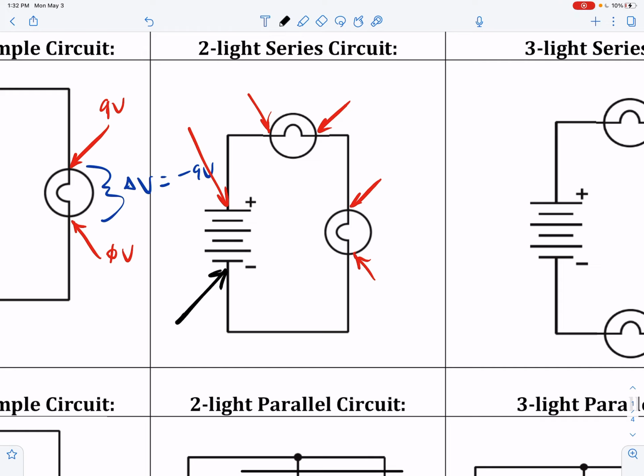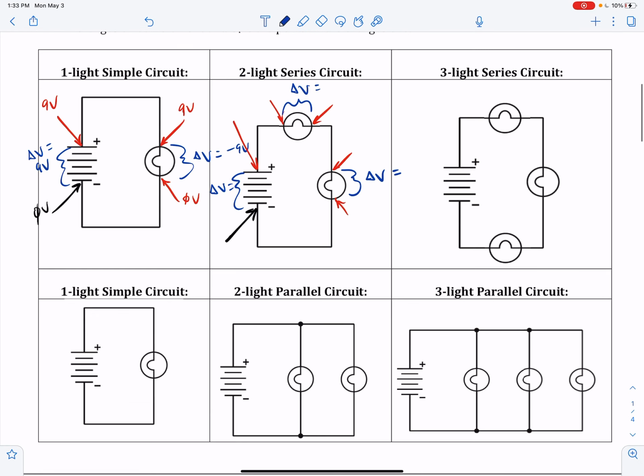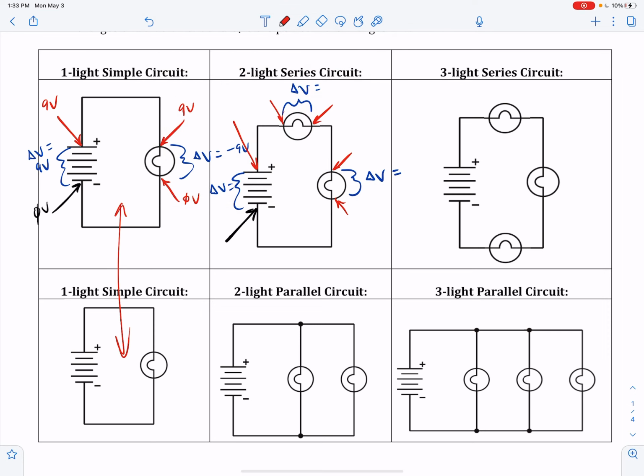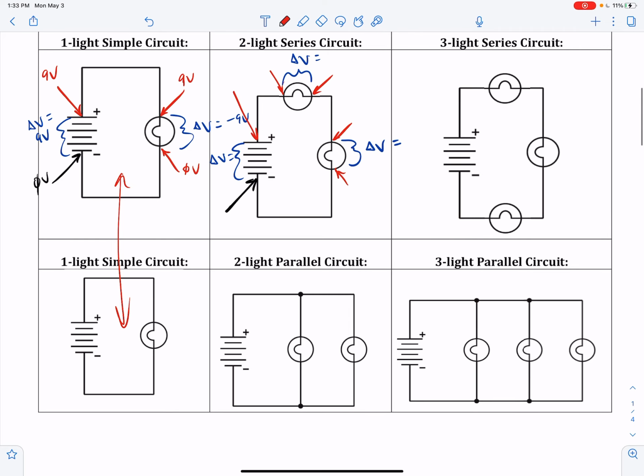Take your measurements and calculate the delta V across, and I'll show you where I want the delta V. Here, here, and here, at each circuit element, every battery and every light. And then you'll do that down here. Notice that these two circuits are exactly the same, so you can just show the same thing for both of them. All right, good luck.